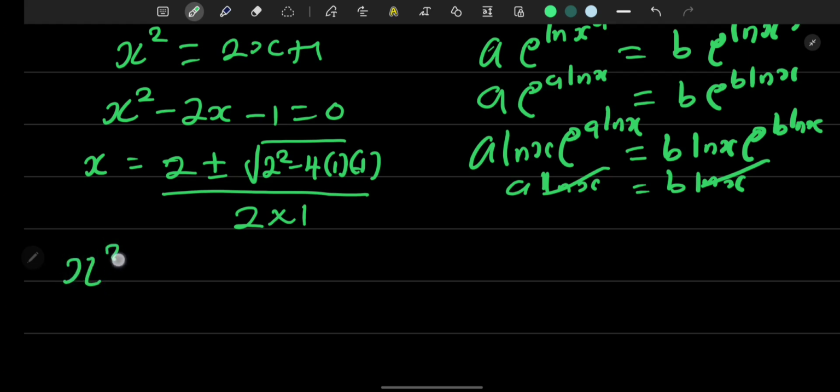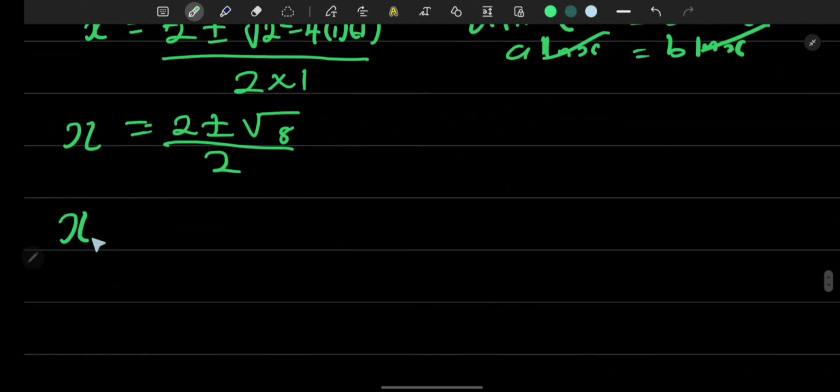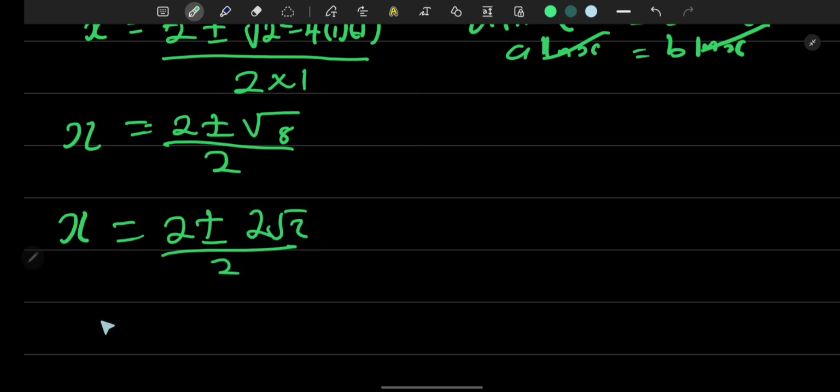Okay, so x equals 2 plus or minus root of 4 times minus 1, that's plus 4, that's going to give you what? 8. Then over 2. So x equals 2 plus or minus square root of 8, which is 2 root 2, then over 2.